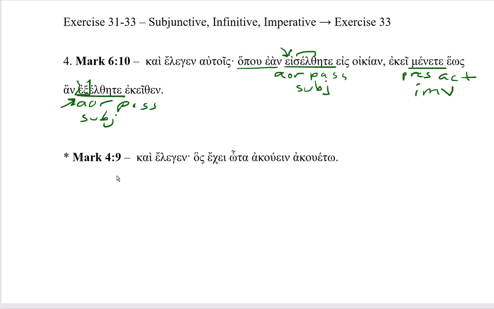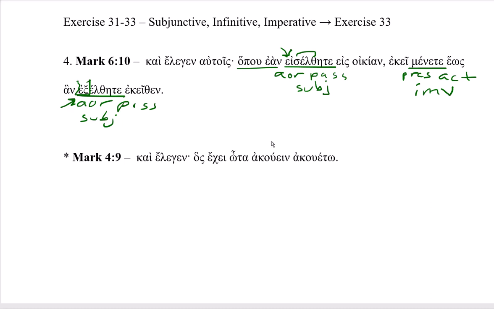My next example is from Mark 4:9, and it's not in the workbook, but I wanted to find one that had a combination of some of the things we've been studying. So this one has a combination of an infinitive and an imperative. Mark 4:9, kai elegen, hos echei ota akouein akouetō. Well, there's an interesting one.